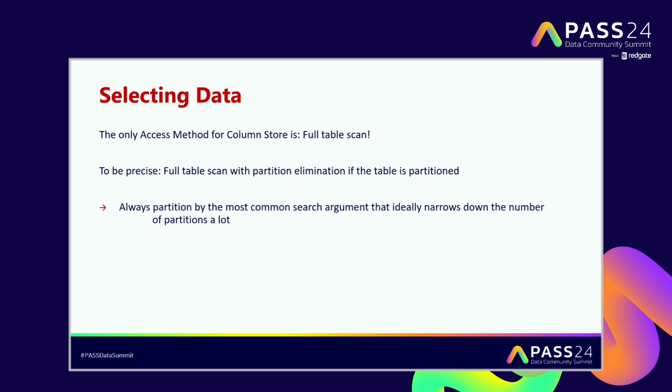But the advice from me is partition by the most common search criteria that you have, whatever it is for your use case. The one thing that's in every where clause, or in 99% of all the where clauses, that's the one you should pick for partitioning. Not because it's easy, but because it will speed things up a lot.